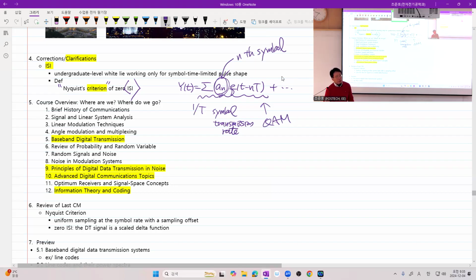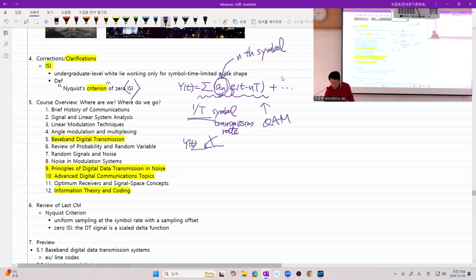Given the signal in this form and your symbol transmission rate defined, Nyquist's definition of whether there is ISI or not is something like this. You sample this signal. By the way, this y of t could be just the received signal or an already filtered version of the received signal. What is important is that you sample this signal at the symbol rate. However, there could be some sampling offset.